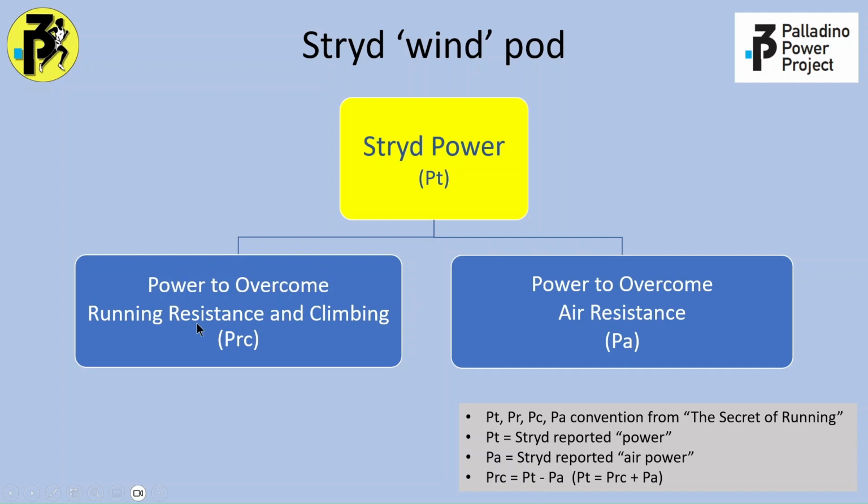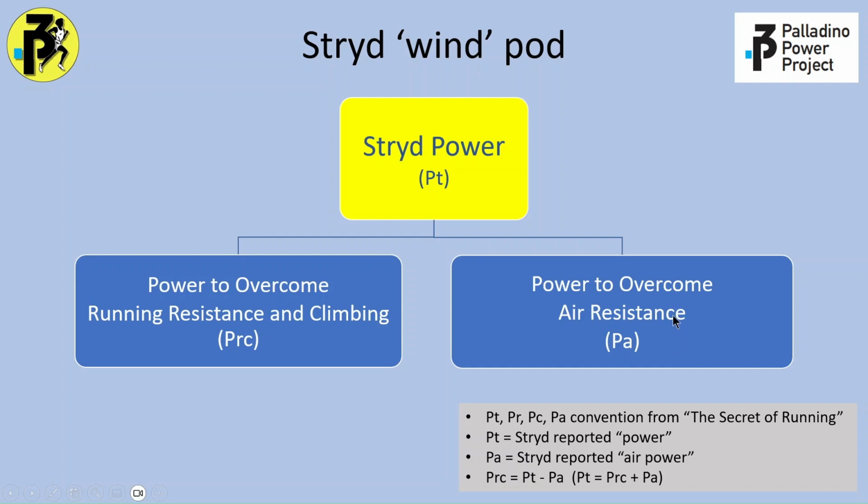The algorithm that Stryd uses for the power to overcome running resistance and climbing, PRC, is natively calculated in watts per kilogram. But in 2019, Stryd added the power to overcome air resistance, which is air power. Stryd air power.